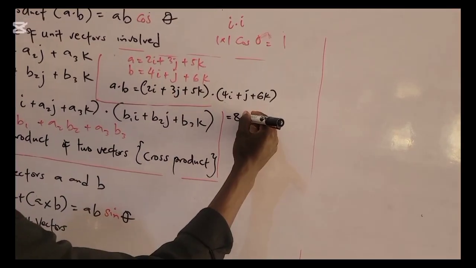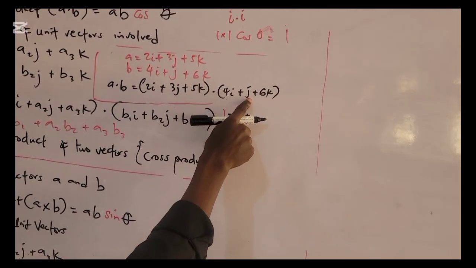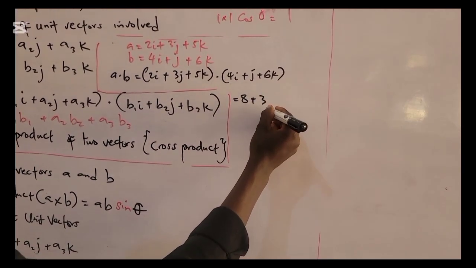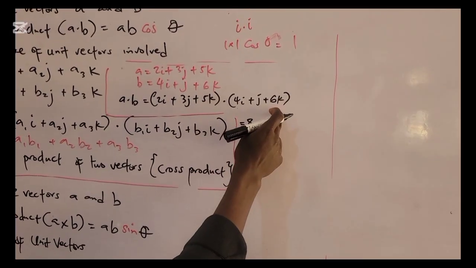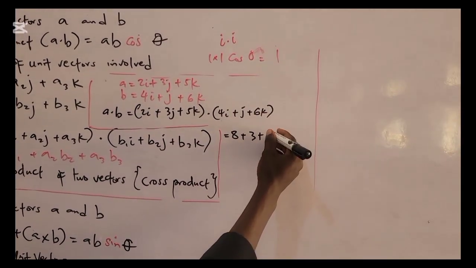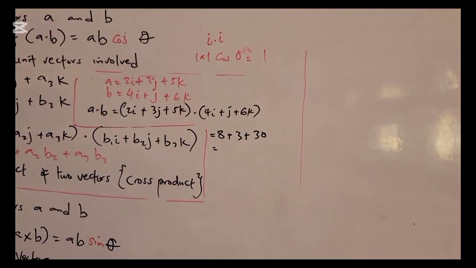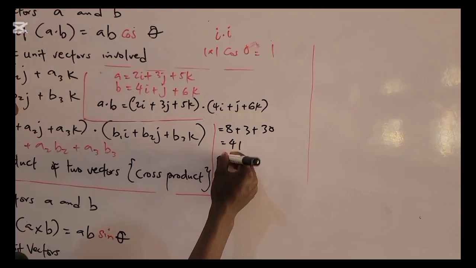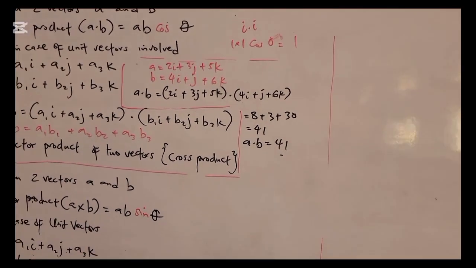So plus 3 times 1, and then plus 5 multiplied by 6, that's 30. Let's check that. So our answer will be 41. So that means A dot B is 41. So that's the scalar product.